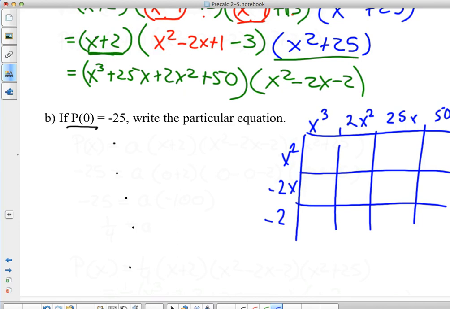This is a faster way at this point for me to do my multiplication. There are other ways you could do it. You guys learned how to do the different lines and combining like terms on the line, on the column, but I like this one better.